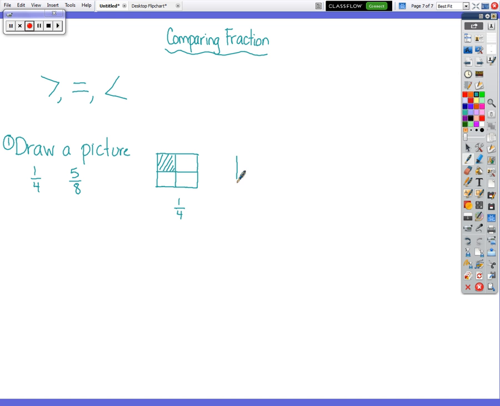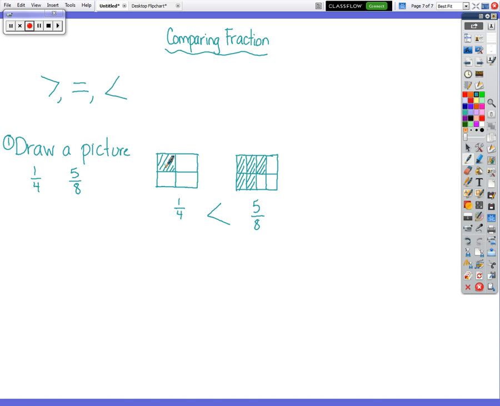For my second one, I have to make it pretty equal in size, and I'm going to make this one into 8 parts and color in 5. By looking at it, I can see that 1/4 is less than 5/8, because I have more colored in here than here. So that's your first strategy, drawing a picture.